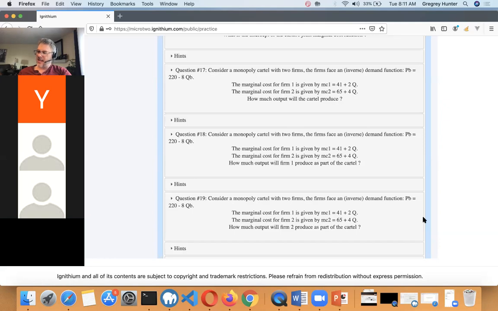Yeah, and so simplify, don't simplify. I don't think that really matters. It's just that, remember, at the end, Ignithium is going to want you to put in 2 decimal places. So I'll put 8Q, an intermediate step, is equal to 6MC minus 294.